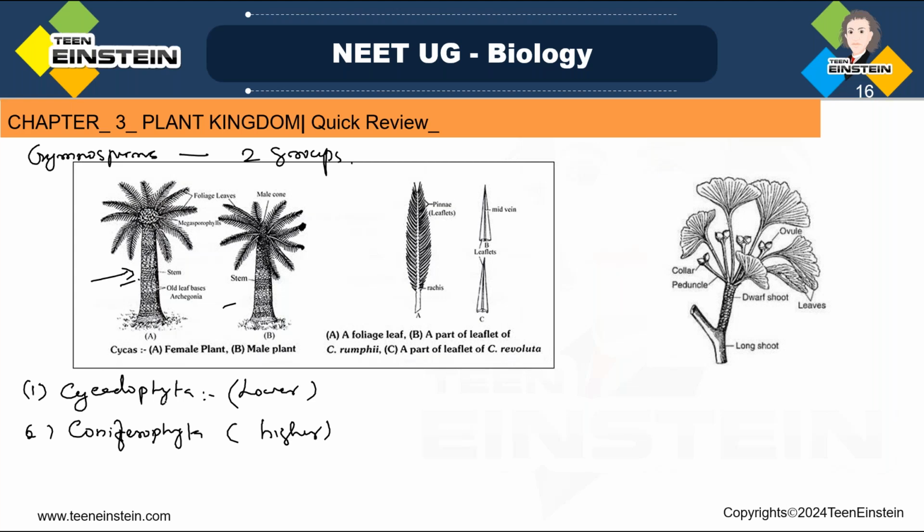Living cycadophytes are included in Cycadales, the third type. Cycas can be called fern palm or sago palm, and the sago is obtained from its stem. In cycas, the female cone is absent. So this is the female plant and this is the male plant in cycas.